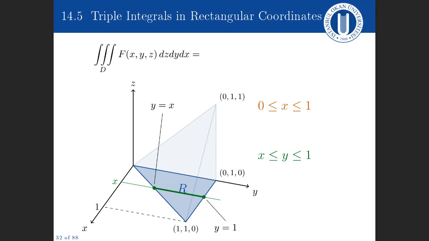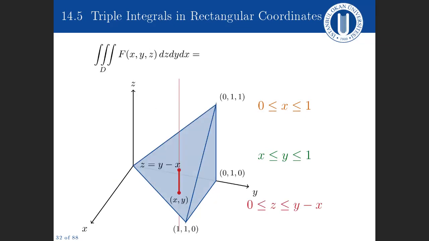And then thirdly, I need my z limits. So now I'm interested in a vertical line. This vertical line enters this tetrahedron when z is equal to 0, and it leaves the tetrahedron on this surface.